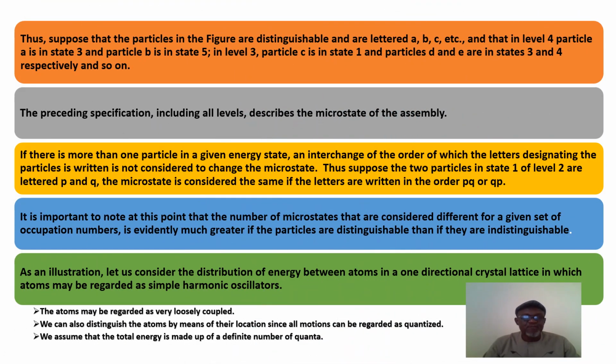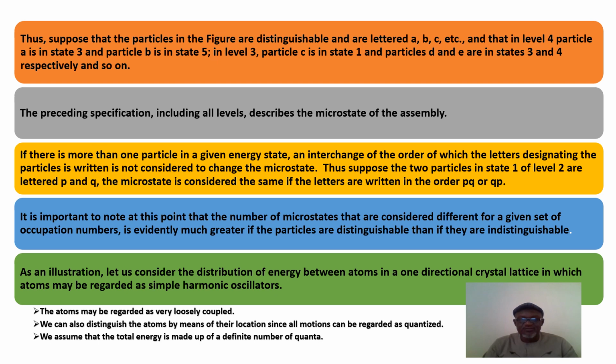Now, suppose that the particles in the figure are distinguishable and are labeled A, B, C, and that in level 4, particle A is in state 3. We are trying to picture a situation where we can change the positions of these particles.